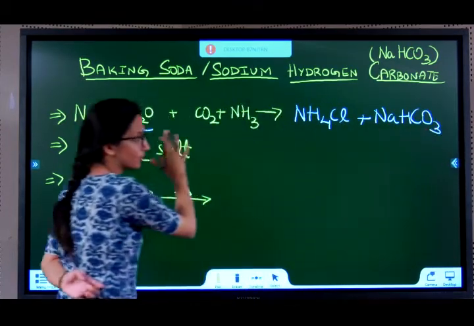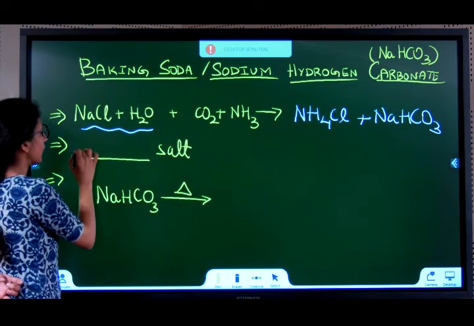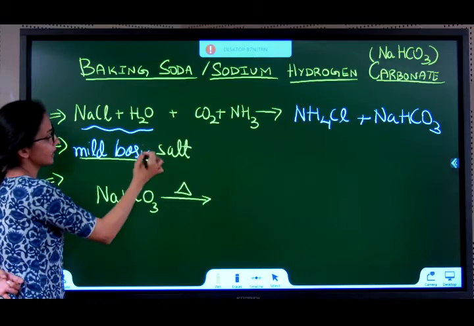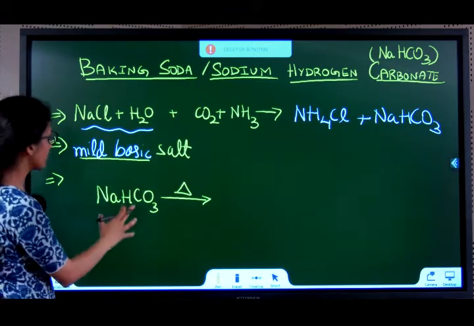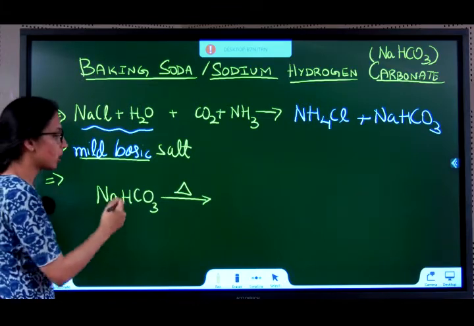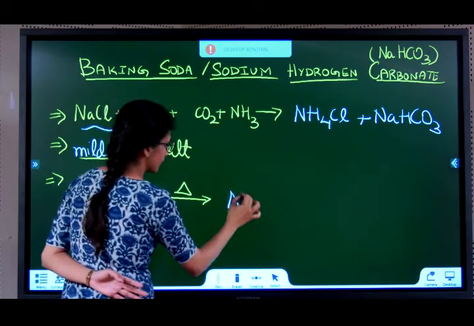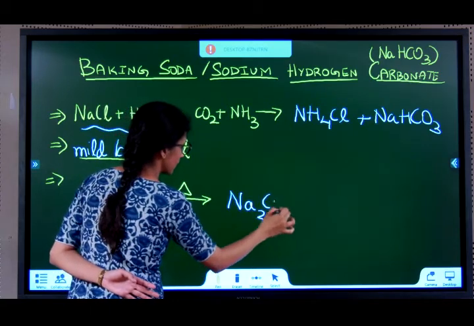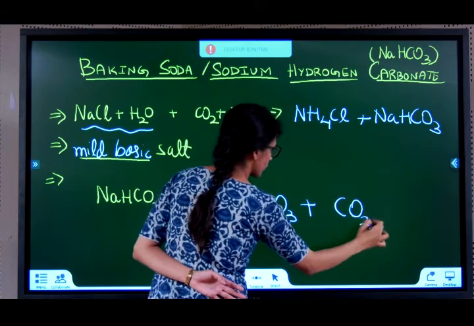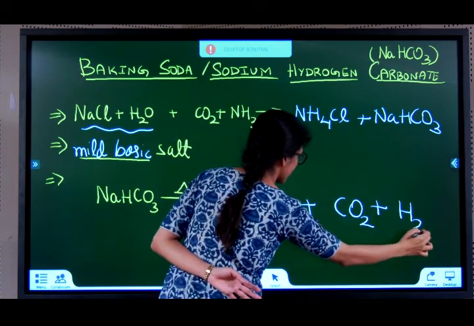Very simple reaction. Sodium hydrogen carbonate is a mild basic salt, or you can say it is a basic salt. One of the properties is, if you heat up sodium hydrogen carbonate, you will see that you get Na2CO3 plus CO2 plus H2O.